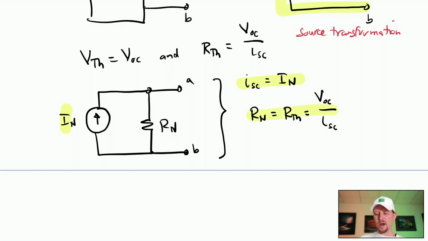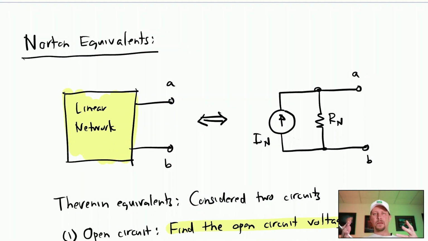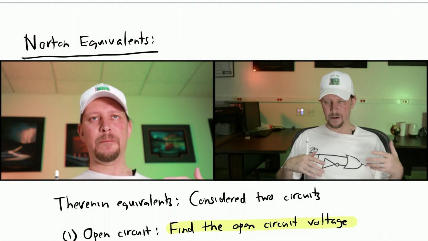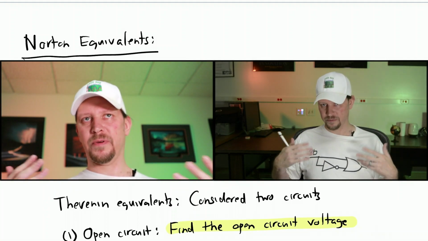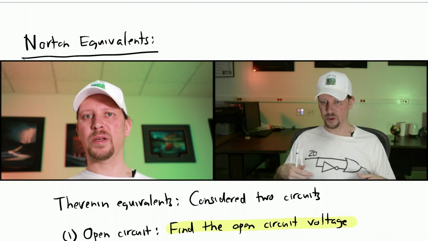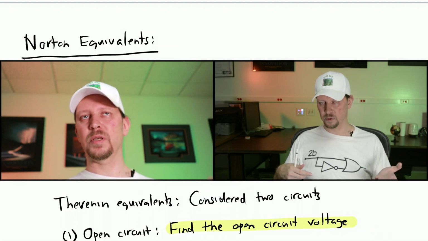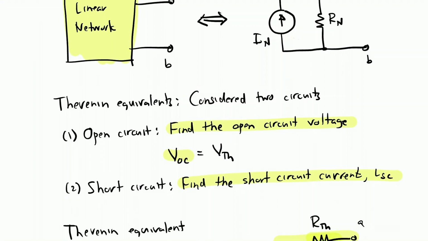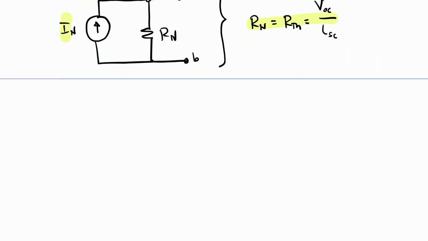Right? So when you're taking a look at any linear network and you actually want to simplify it as much as possible, you can either find the Thevenin equivalent network or you can find the Norton equivalent network. And you always take a look at the short circuit current and the open circuit voltage in order to construct those equivalent networks. And we'll see here in a few videos how this can be used in order to solve circuit analysis problems.